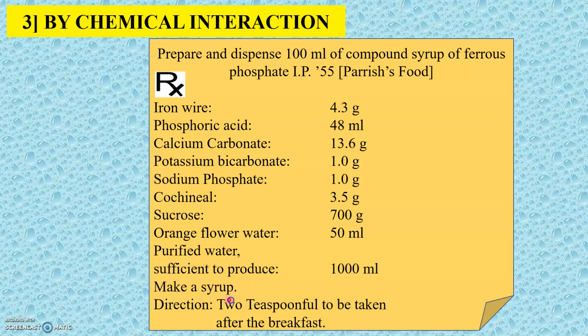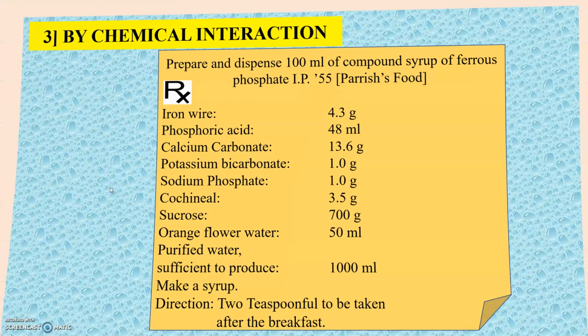By using these ingredients we are going to make a syrup by the chemical interaction method. The direction given is two teaspoonfuls to be taken after breakfast. So let us see the method to prepare syrup by the chemical interaction method.